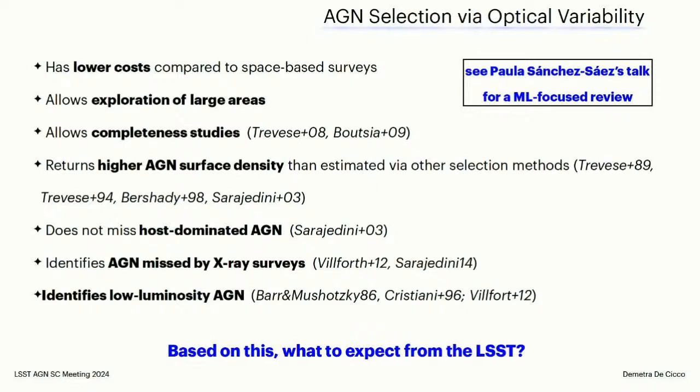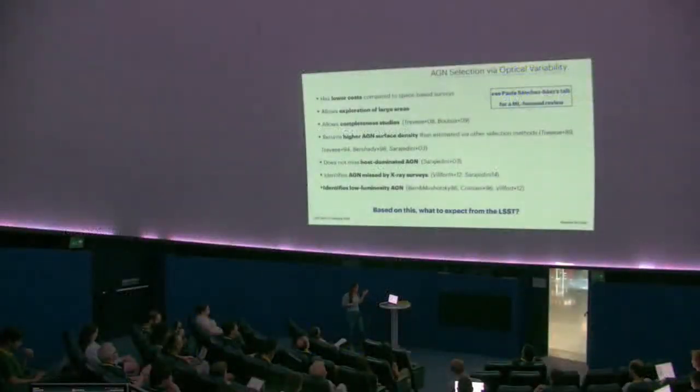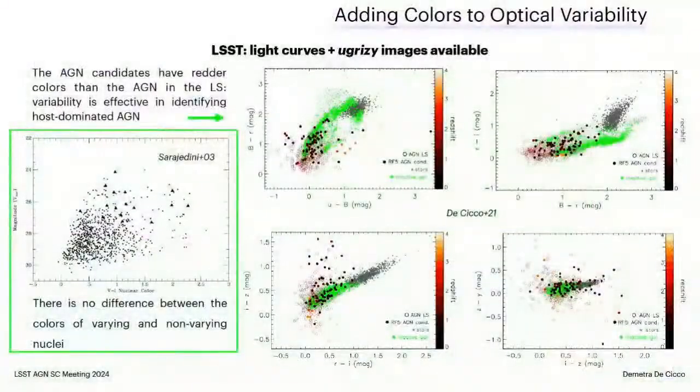We know that X-ray emission is what you want from an AGN, because it's a signature, but in practice, we don't really have it for large sky areas. With optical variability, we don't miss those sources that have low X-ray emission anyway. So that's definitely another advantage. And we are also, in principle, able to identify low luminosity AGN. I will explain why I said in principle in a while.